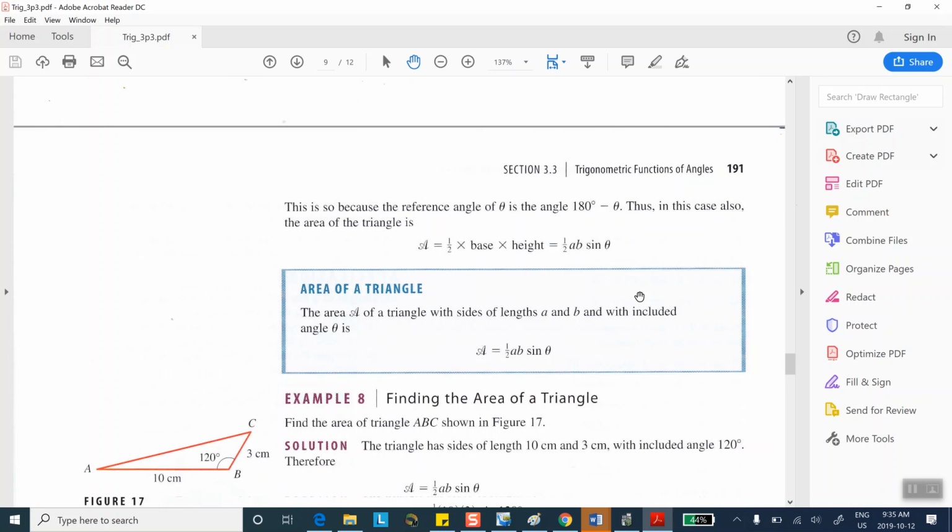They said that if you have any two sides and the angle between them, the area of that triangle is 1/2 the product of the sides times the sine of the angle between them.